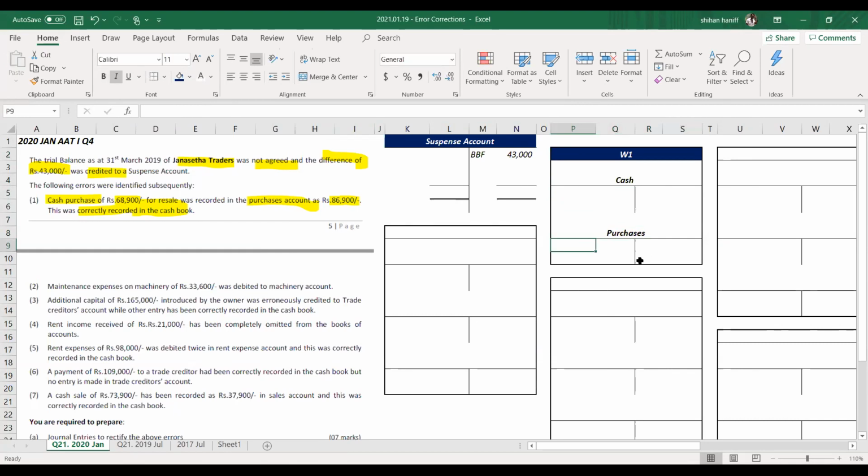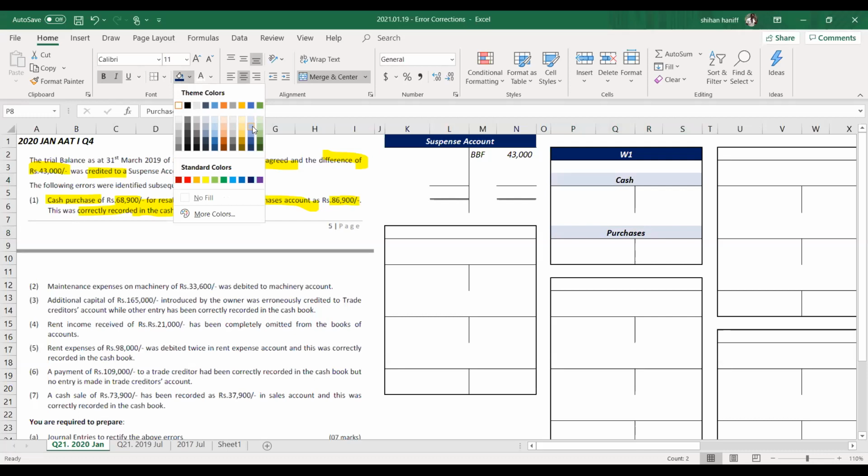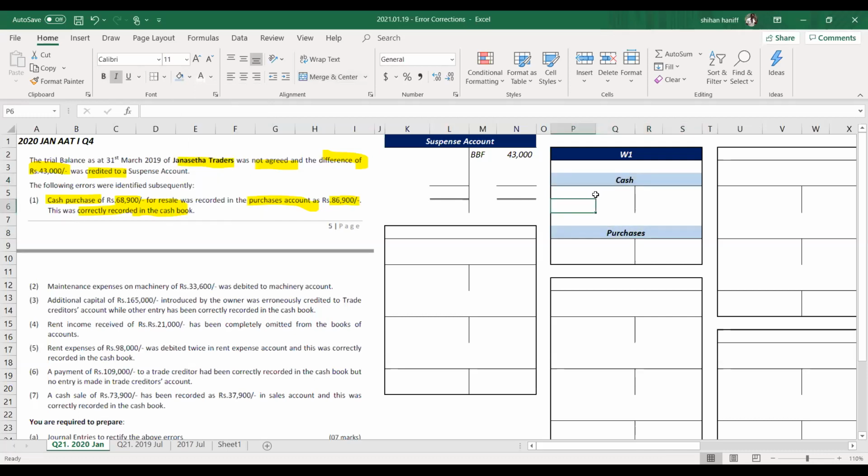Draw the two ledger accounts, cash account and purchases account. Then record the wrong entry first. Record what they have done.